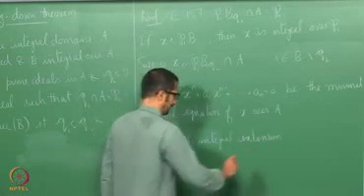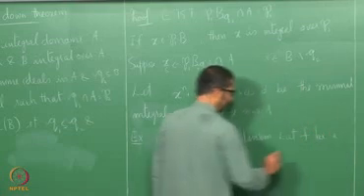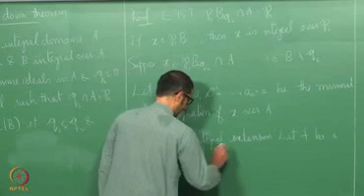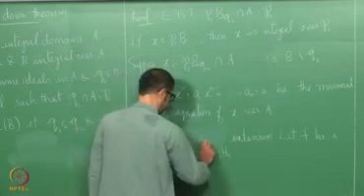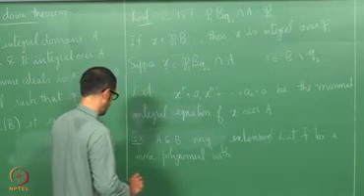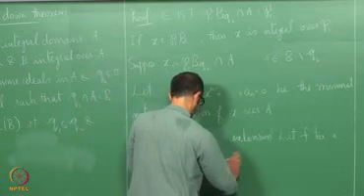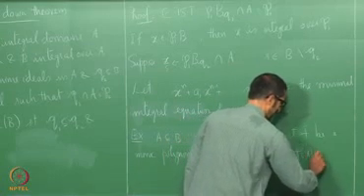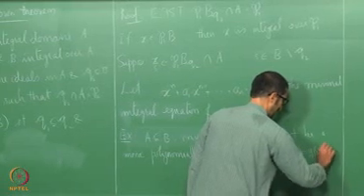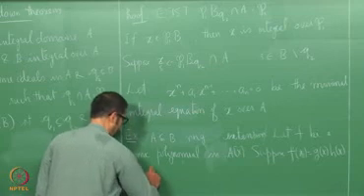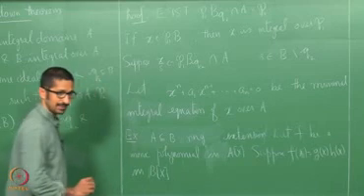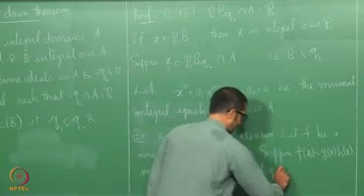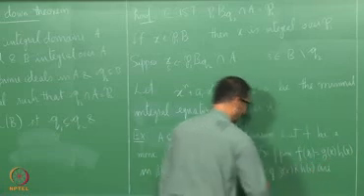Let f(x) be a monic polynomial in A[x]. Suppose f(x) is equal to g(x) times h(x), reducible in B[x]. Then the coefficients of g(x) and h(x) are integral over A.